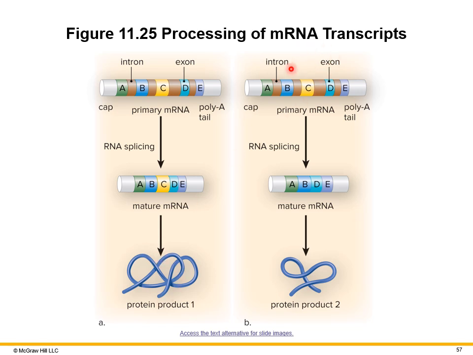In the second scenario, we have the same mRNA transcript, and we also splice out the introns, but we have a different splicing together of the exons, a different sequence. Instead of A, B, C, D, E, we have A, B, D, E, and this sequence is going to produce a different protein product.